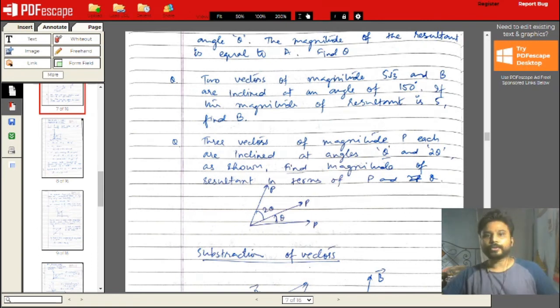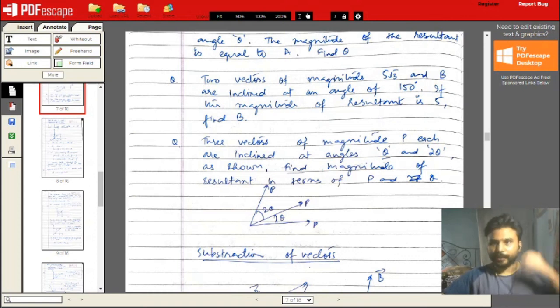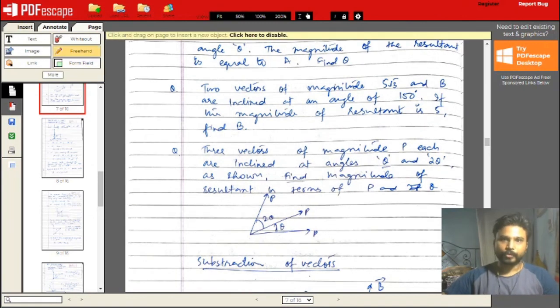So in this particular question, we have two vectors of magnitude 5 root 3 and an unknown magnitude b. They are inclined at an angle of 150 degrees. If the magnitude of resultant is 5, we have to find the magnitude of the other vector. So the resultant of both the vectors is 5.